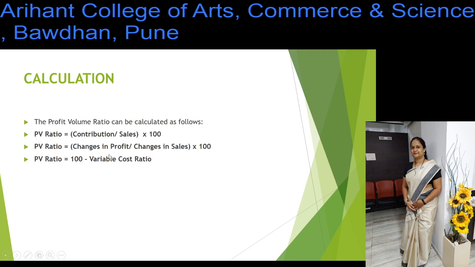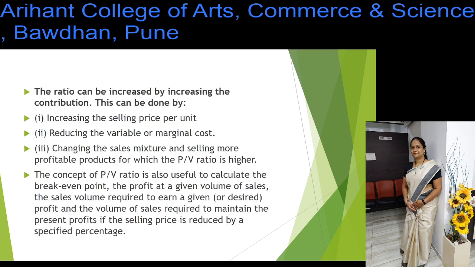First find the difference of profit in both years, then the difference of sales in both years, then divide profit by sales and multiply by 100. Another formula is 100 minus variable cost ratio. From these formulas you can calculate profit volume ratio.